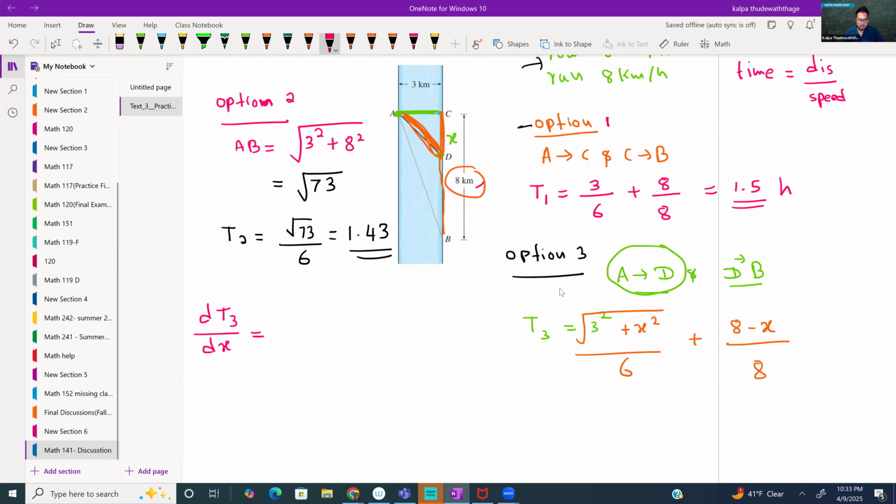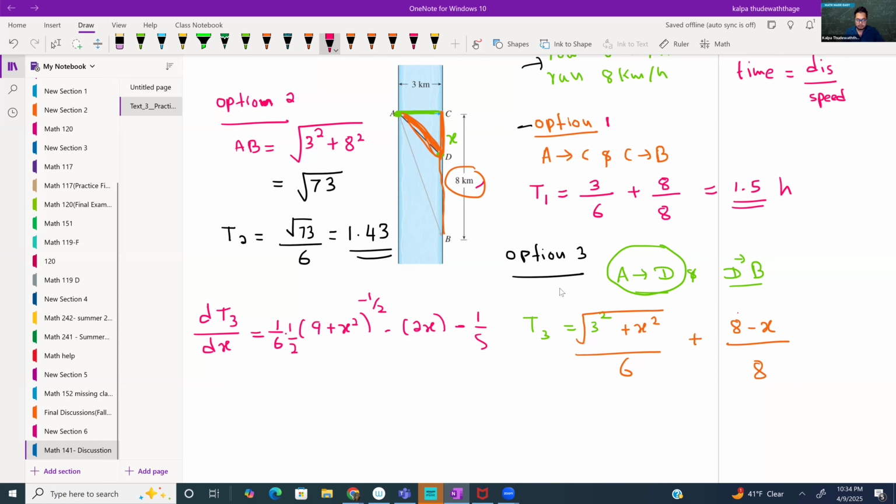So I can take 1 over 6 out. This is (9 plus x to the power 2) to the power minus half. You take the power down, actually it's 1 over 2 there as well. And you have to take the derivative of the inside function, it's 2x. If you think about the 1 over 8, the derivative is just 0.